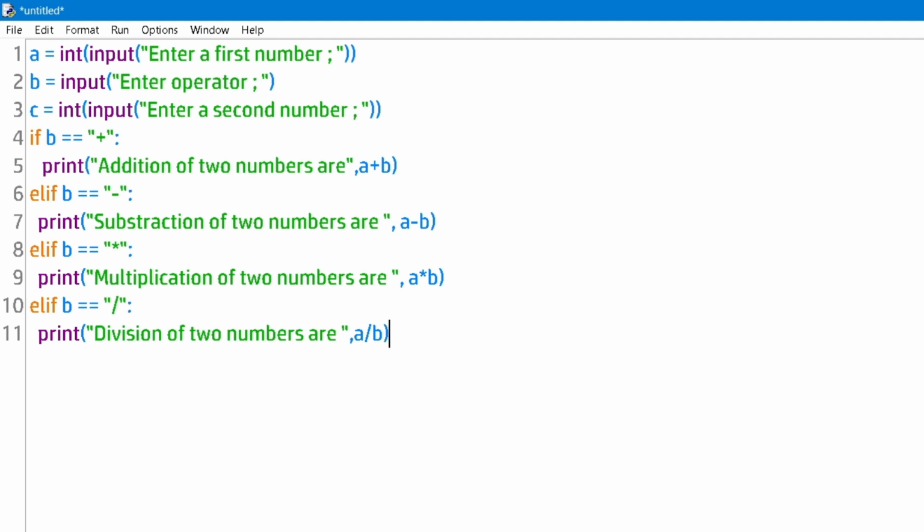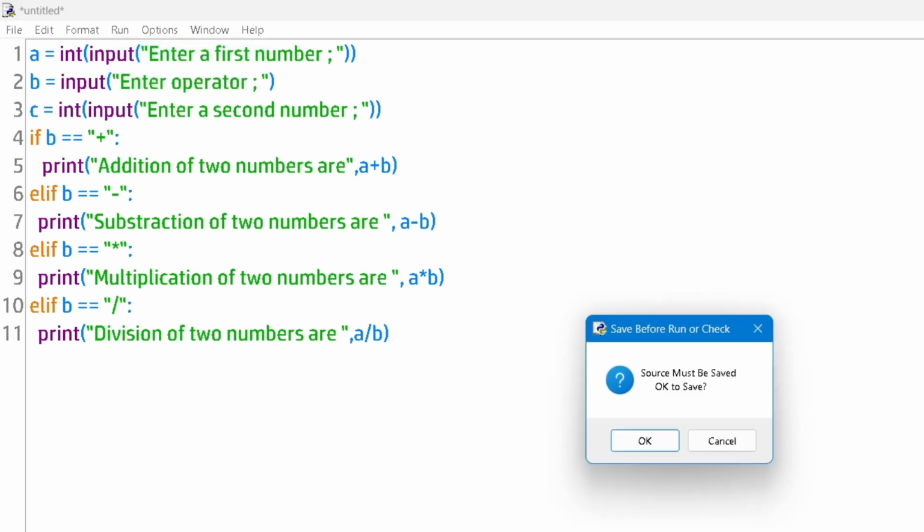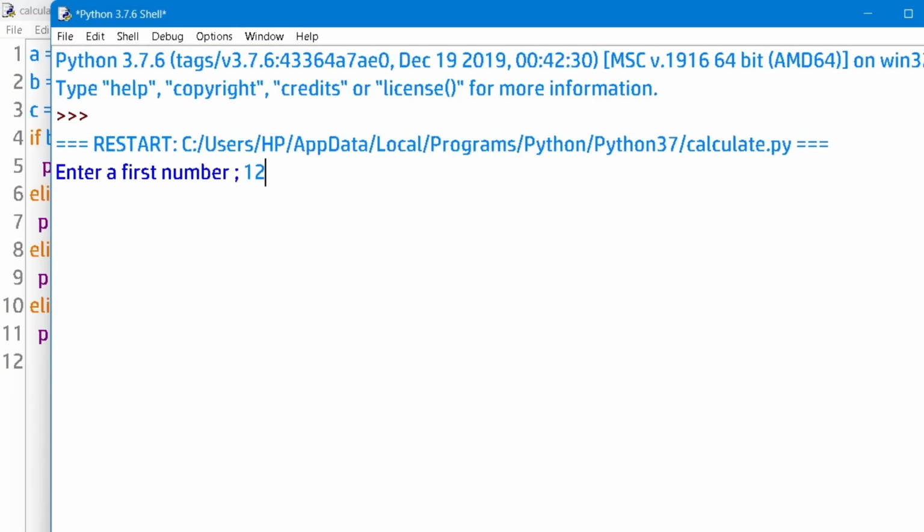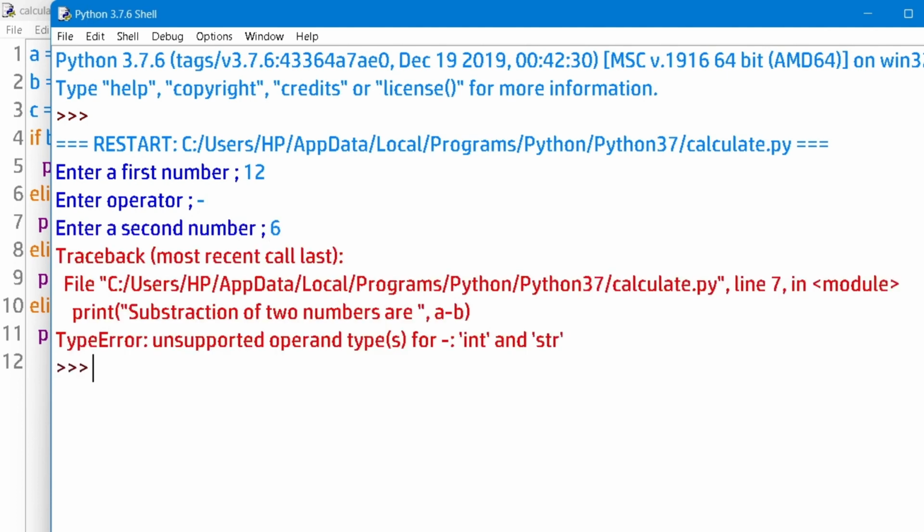So I am going to run it. Calculator. Calculate 12 minus 6. We get an error: unsupported operand type for int and string, a minus b.